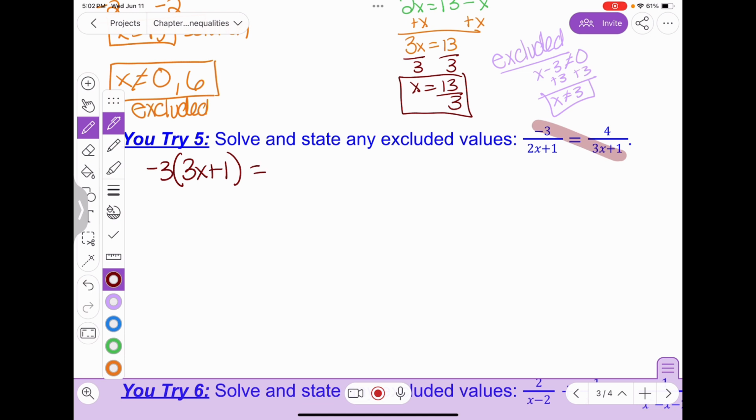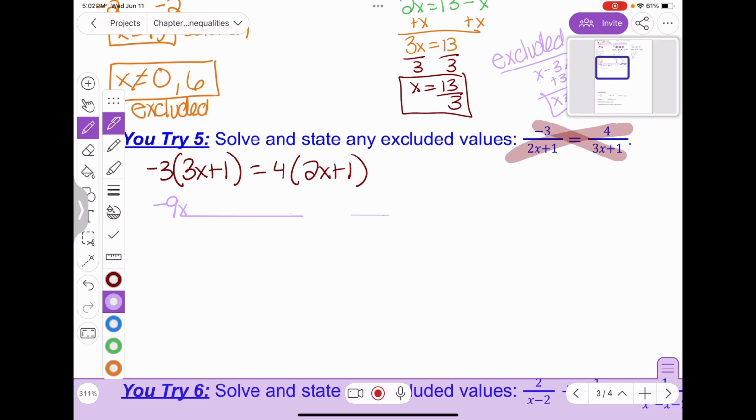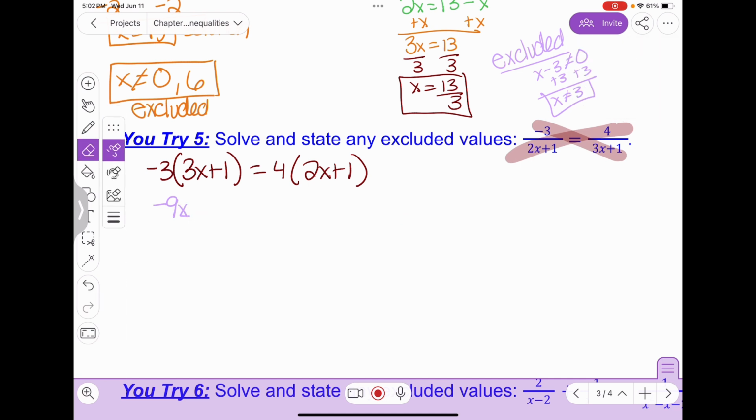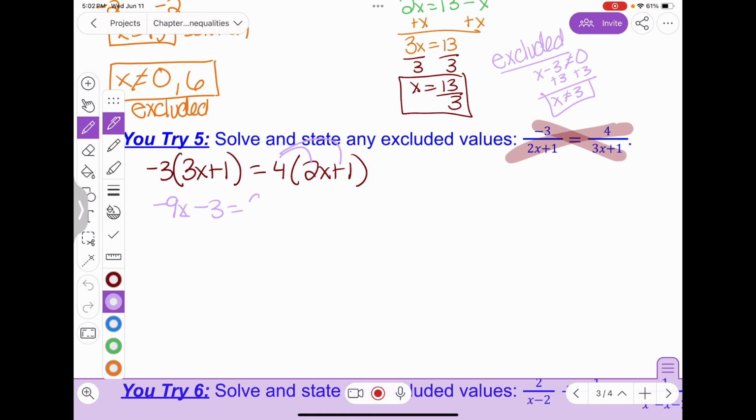And then for the other one, we would do 4 times 2x plus 1. And then distribute. So negative 3 times 3 is negative 9x minus 3. And then 4x times 2 is 8x plus 4.